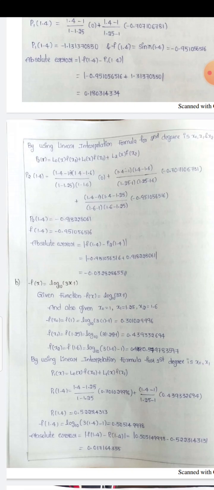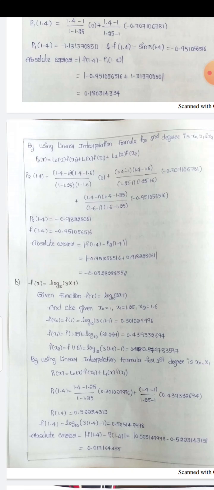P2 of 1.4 is equal to 1.4 minus 1 into 1.4 minus 1.6 divided by 1 minus 1.25 into 1 minus 1.6 into 0 plus 1.4 minus 1 into 1.4 minus 1.6 divided by 1.25 minus 1 into 1.25 minus 1.6 into minus 0.707106781 plus 1.4 minus 1 into 1.4 minus 1.25 by 1.6 minus 1 into 1.6 minus 1.25 into minus 0.951056516.